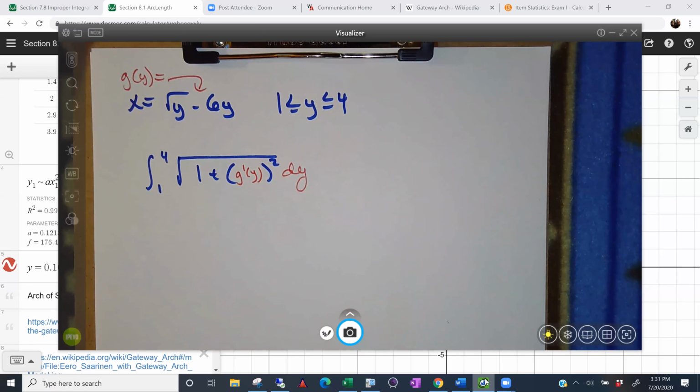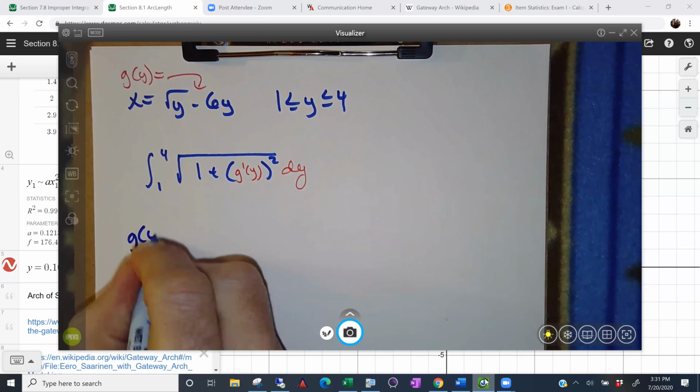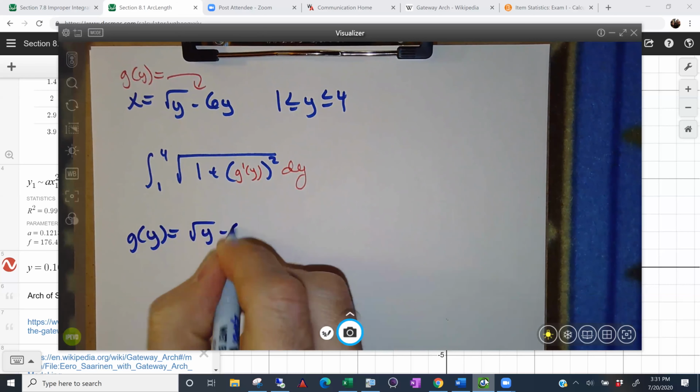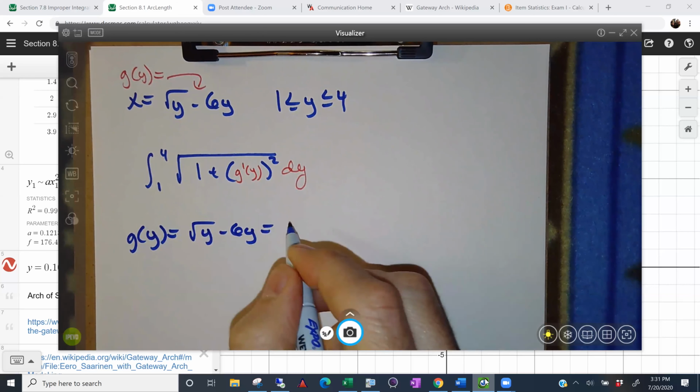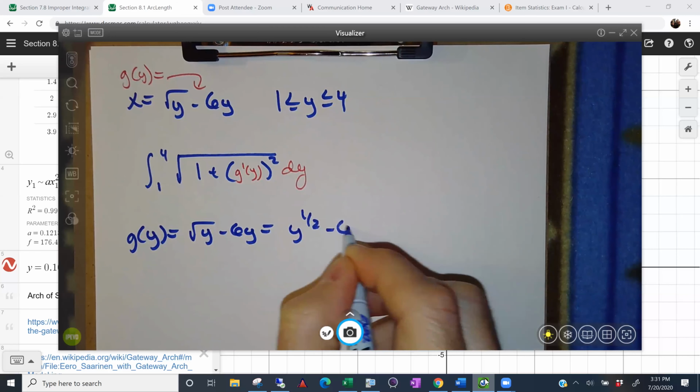So let's practice doing this one, and we'll actually get a numerical answer for this one. So we'll start with g of y equals the square root of y minus 6y, which I'd probably rewrite as y to the 1/2 minus 6y.